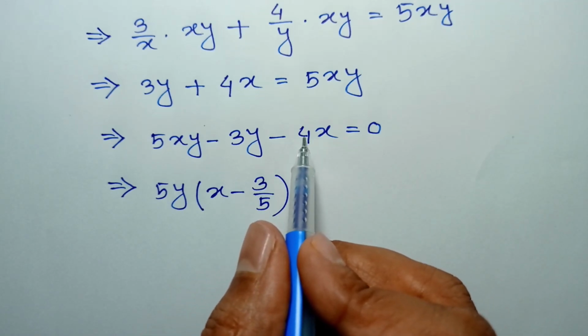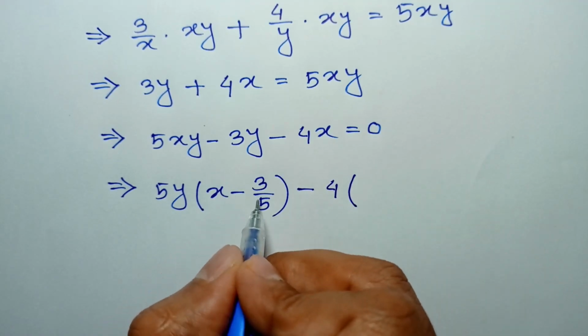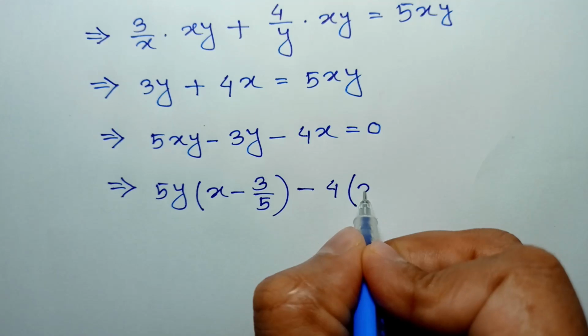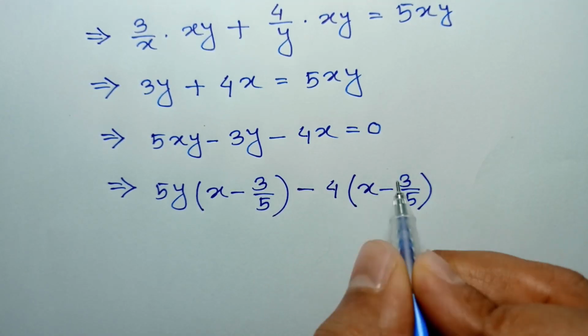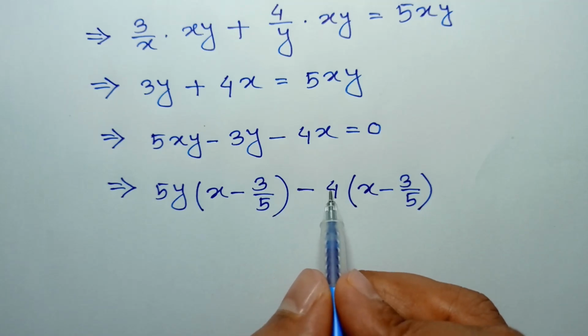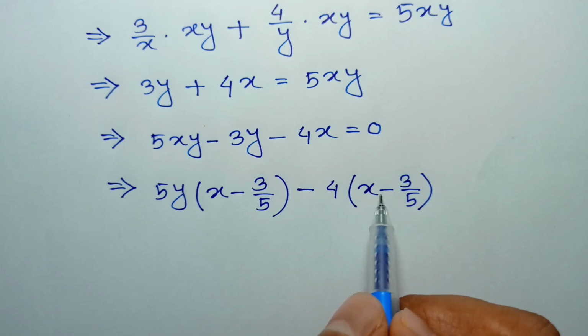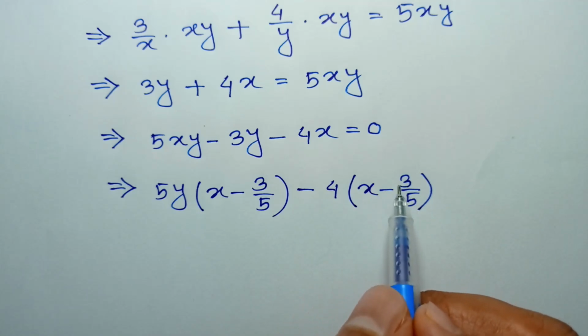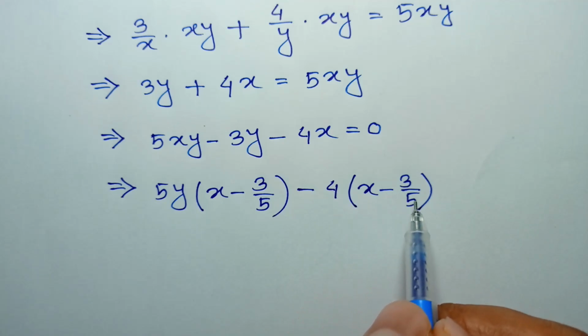Minus, here we have to take common 4, and it will be x minus 3 over 5, and the negative 4 times x is negative 4x, and negative 4 times negative 3 over 5 is positive 3 times 4, 12 over 5.